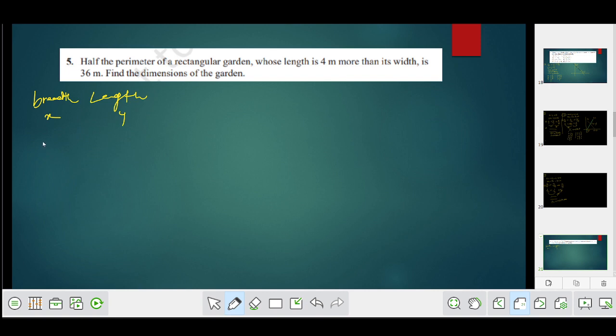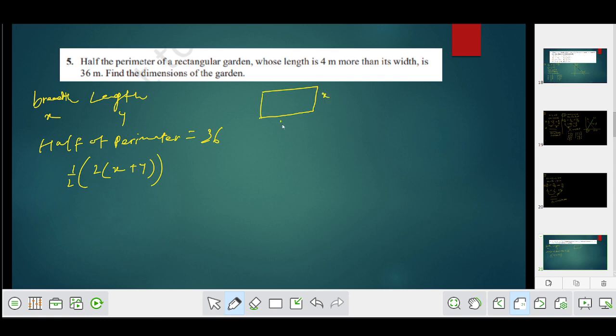Then given half of the perimeter is 36. Then x plus y will be 36.